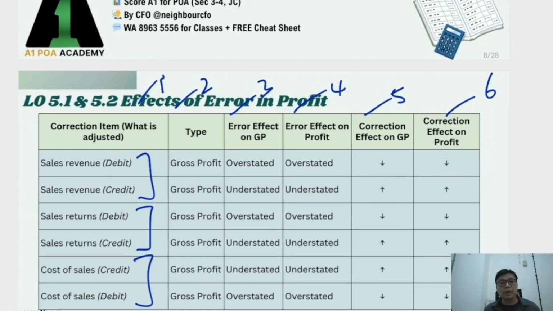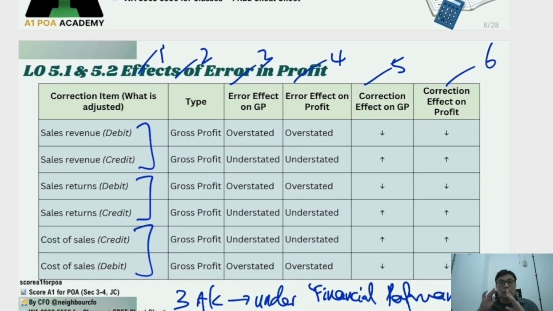For these three accounts, there is a situation of overstating the profit, whether it is gross profit or net profit. There's also the flip side scenario, whereby the gross profit or the net profit is understated. Once we understand either one of the scenarios, we will definitely be able to understand why the other scenario occurs.